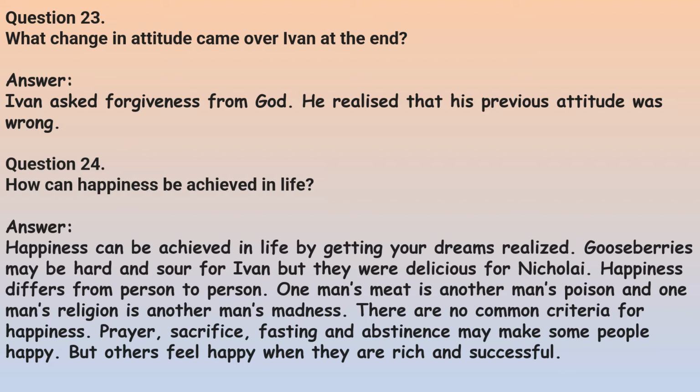One man's meat is another man's poison, and one man's religion is another man's madness. There are no common criteria for happiness. Prayer, sacrifice, fasting, and abstinence may make some people happy, but others feel happy when they are rich and successful.